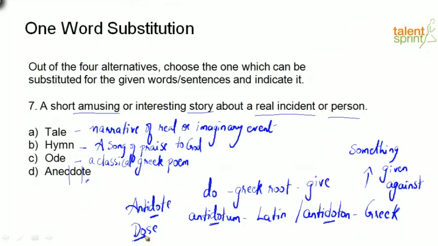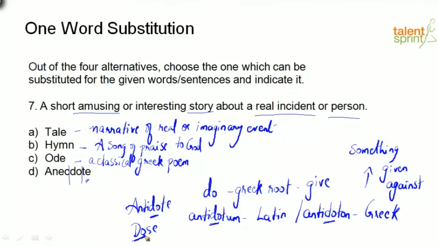So anecdote, likewise, having this Greek root do, is basically giving a short, amusing, or interesting story about a real incident or person. Right? So, if you are familiar with other words like tale, like I said, it is not a very new or difficult word. Hymn, some of you, maybe because of the context, was not a familiar word.